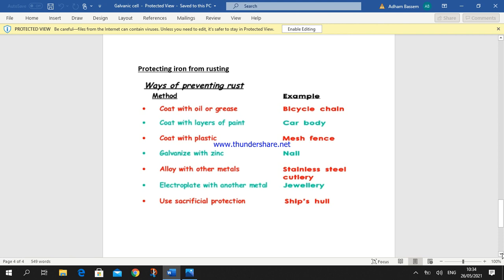This is a barrier method because it forms a protective coating layer above the iron, and when the zinc gets scratched and the iron gets exposed, the zinc reacts with any oxygen because zinc is more reactive than iron, and this is known as the sacrificial method.